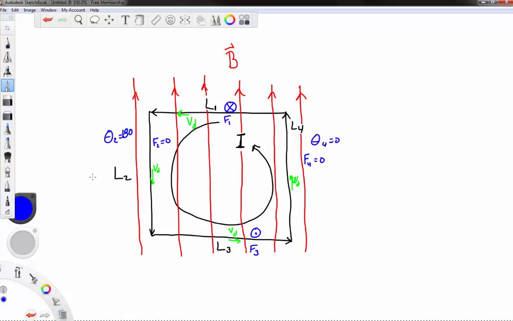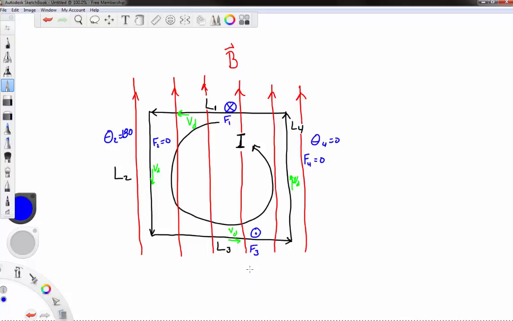Down here, if you point the fingers of your right hand in the direction of the magnetic field and you point your thumb in the direction of the drift, your palm will now be facing you instead of facing away from you. So that means that the magnetic force will be pointing up out of the screen instead of down into the screen.